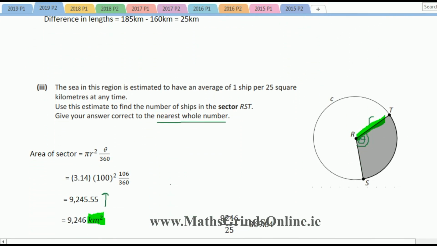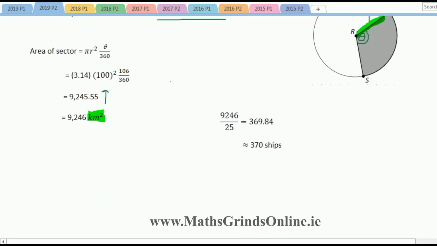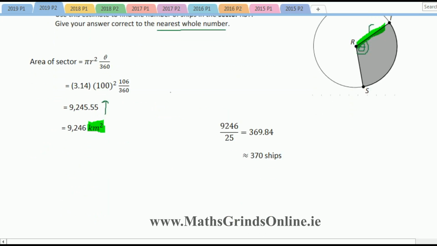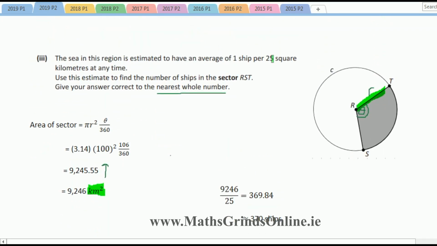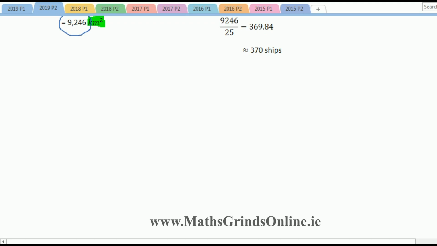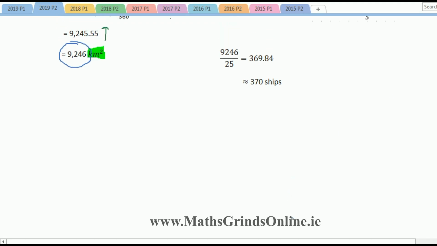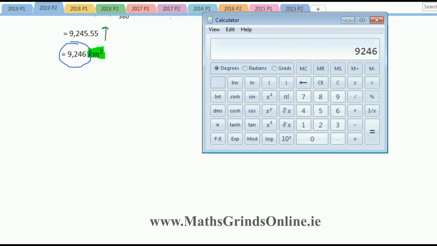Right, that's the total area of the sector, and we're told that in every 25 square kilometers there is 1 ship. So we need to work out how many 25 square kilometers are in this number here. So we'll just divide by 25. 9246 divided by 25, there we go, is 369.84.